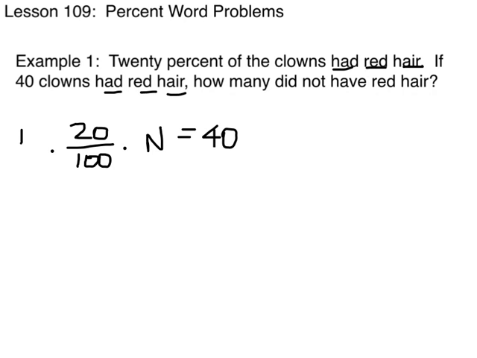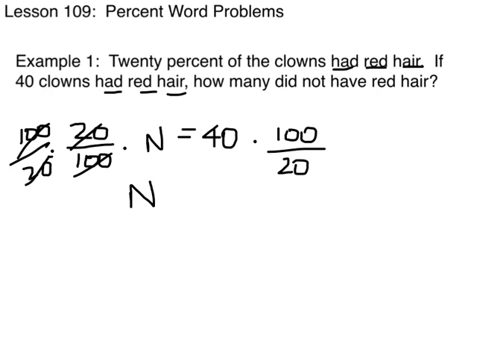All right, and then once we have it set up, we simply have to isolate the variable, and that's the correct term, meaning we're going to get n all by itself. It is isolated.